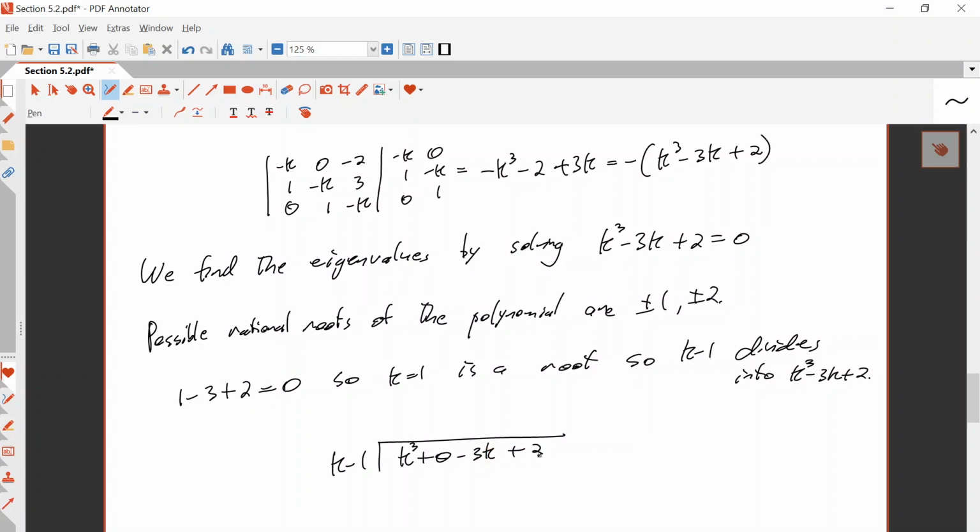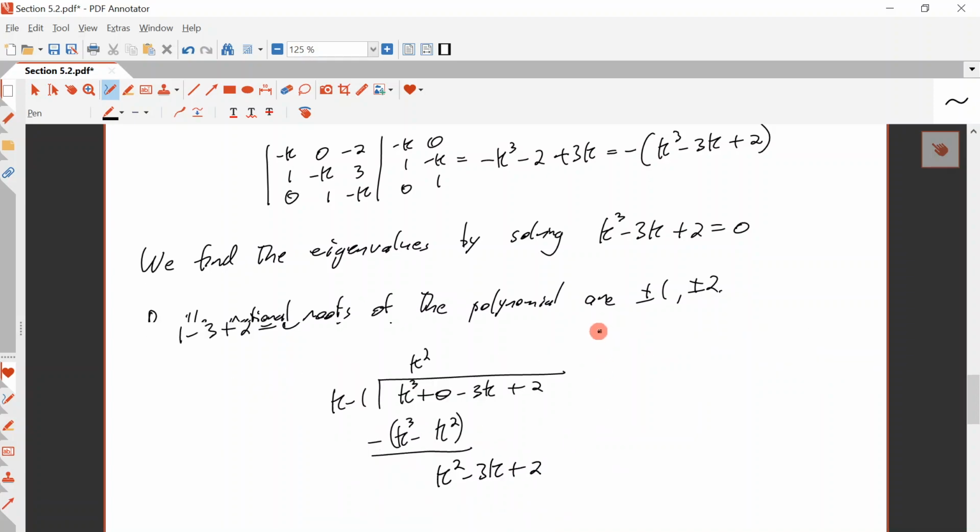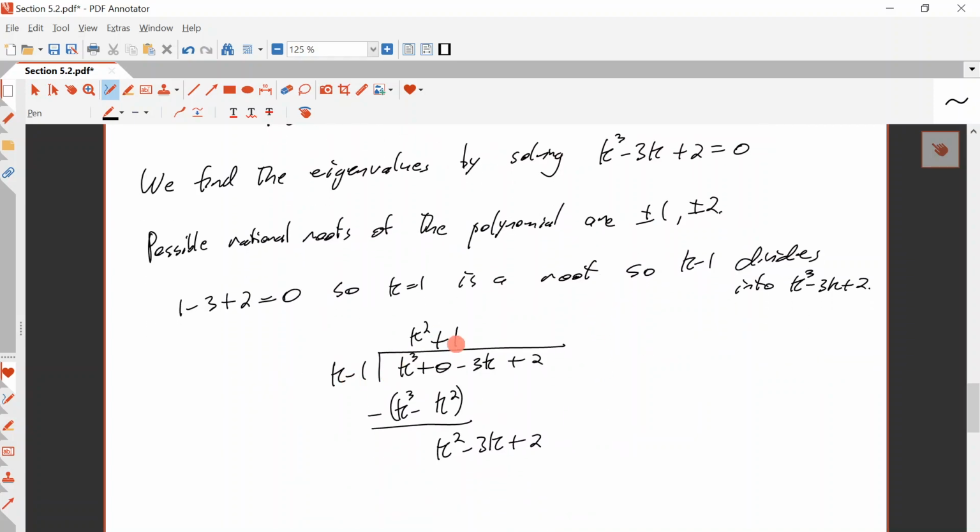We'll put a 0 where that k squared should be. We multiply this by k squared, and we get k to the third minus k squared, and you want to subtract that. So this is k squared minus 3k plus 2. Multiply this by k. So this is k squared minus k, and we subtract that. So this is minus 2k plus 2. So then minus 2, 0.